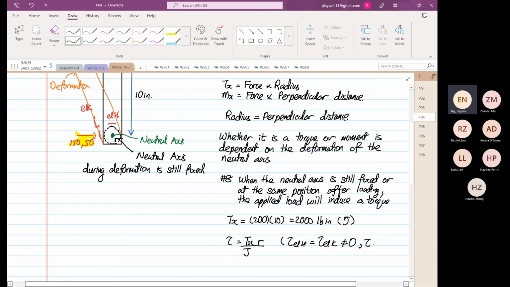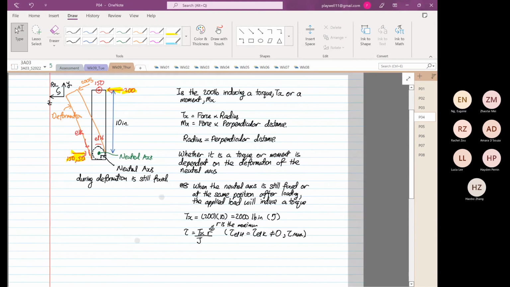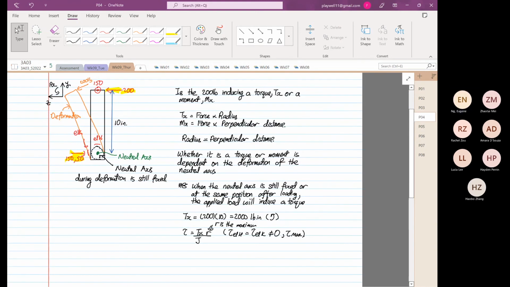In fact, the shear stress will be at its maximum at element H and K, because R is the maximum. So these are basically the points that you have to take note of, that you should have in your summary sheet in compound loading.